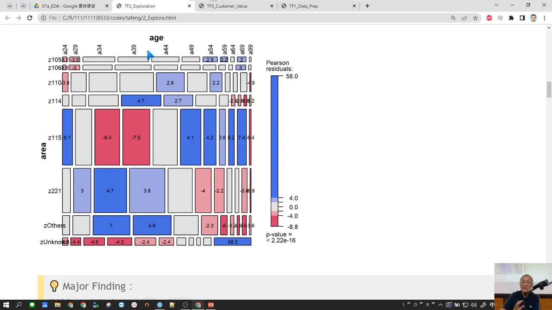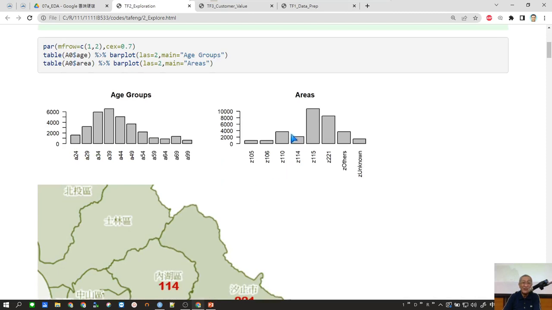Actually, these two boxes are larger than these two, right? But the reason I say they are significantly lower is that I mean compared to the entire population, what we call the marginal distribution.